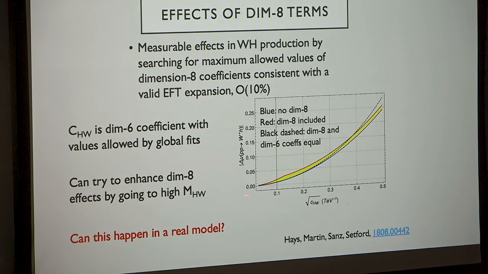So this is a change in the rate in WH production by messing with the dimension 8 operators randomly. And you can get sort of 10%-ish effects by this. So that says that, well, maybe it's possible that these guys matter. The other approach is pick your model, do the matching at the UV scale, do the fit, and see if dimension 8 matters.